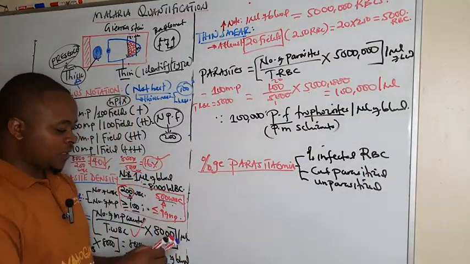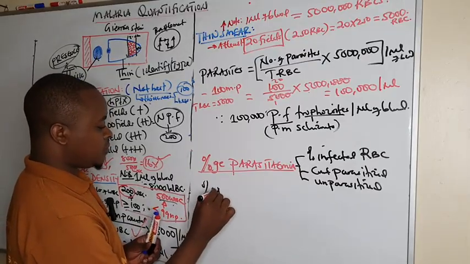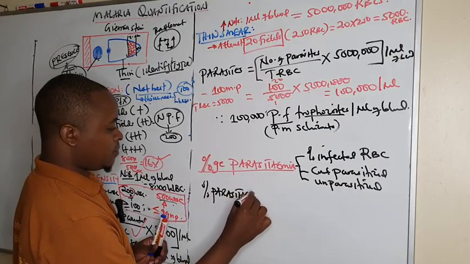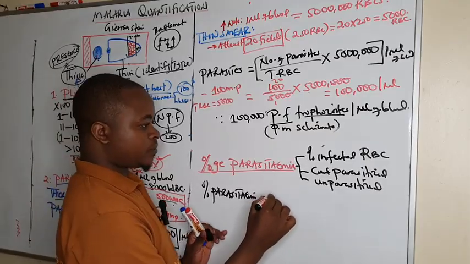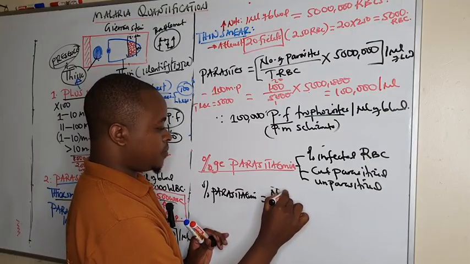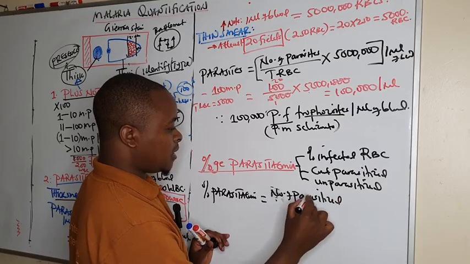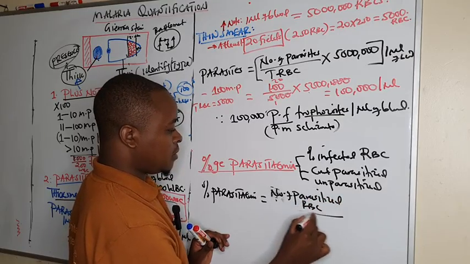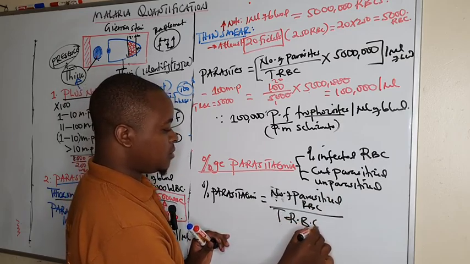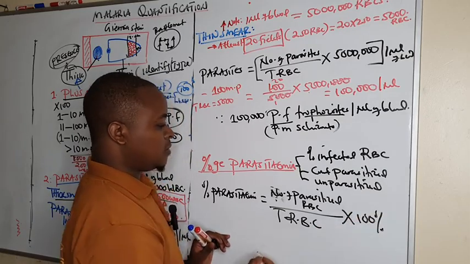And how do you get percentage parasitemia? Percentage parasitemia is equal to the number of parasitized RBCs out of the total RBC count, times 100%.